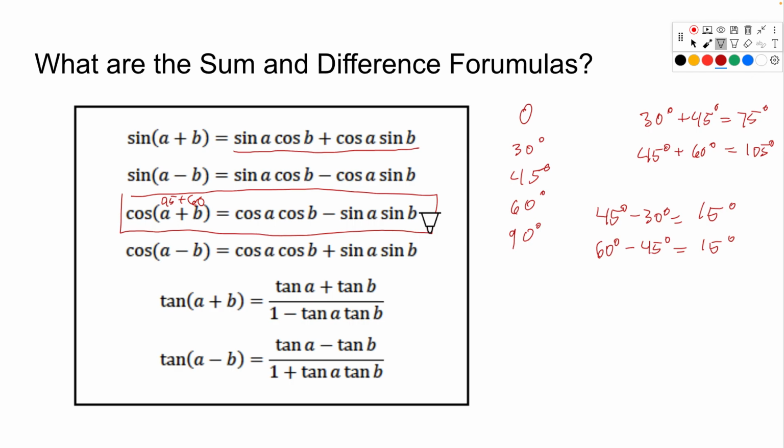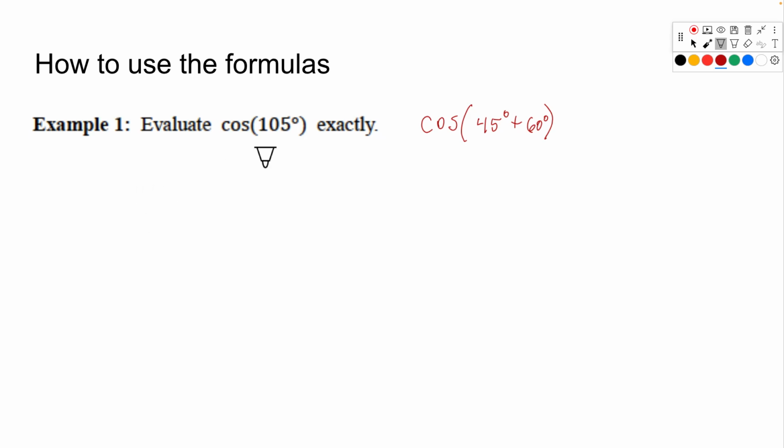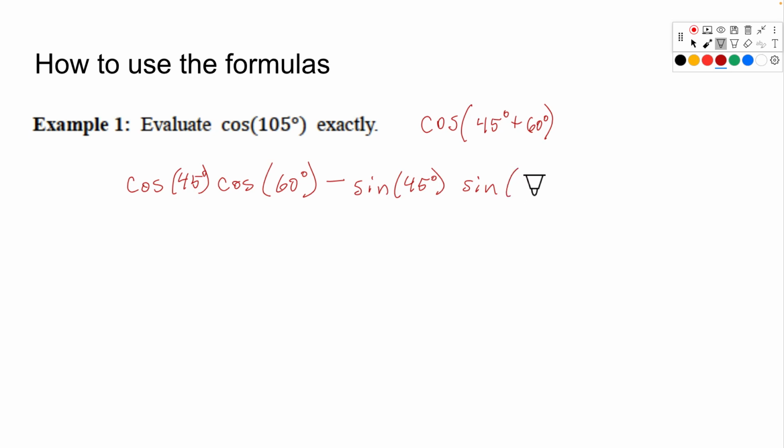Okay, I think I can remember that long enough to come over here and say that this becomes cosine of 45 degrees times the cosine of 60 degrees, and since it's a plus, it goes with the minus, sine of 45 degrees times the sine of 60 degrees. Okay, so that's the first step.